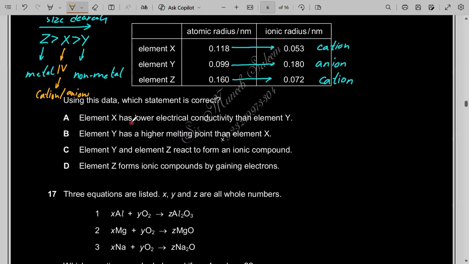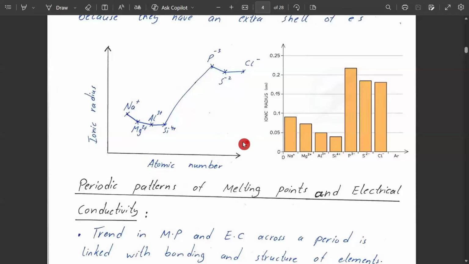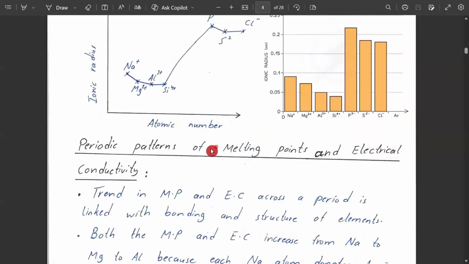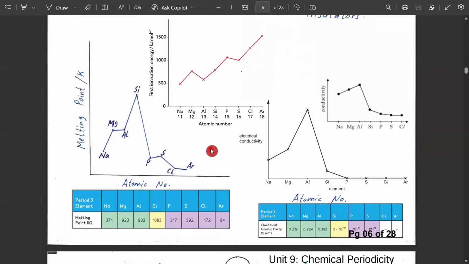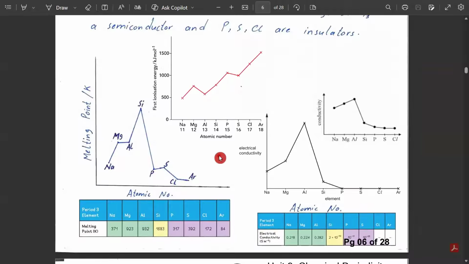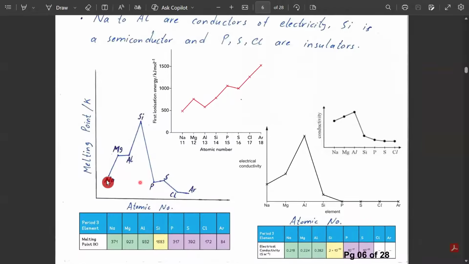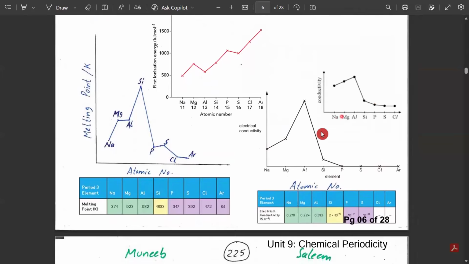The option says element X has lower electrical conductivity than element Y. So what is the trend of electrical conductivity? You can see from my notes, these notes are available in the Google Drive link mentioned just below this video in the description section as well as in the comment section. This is the electrical conductivity trend. These are the two graphs for this purpose.